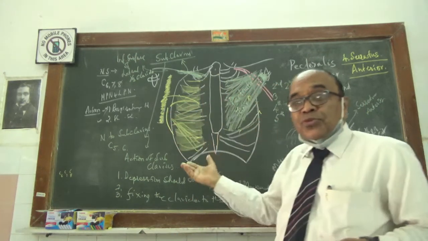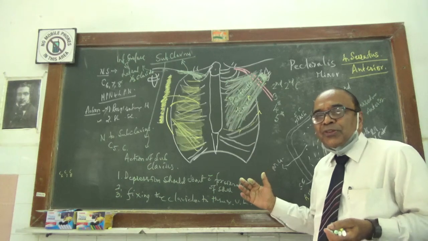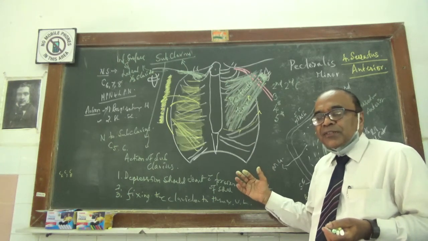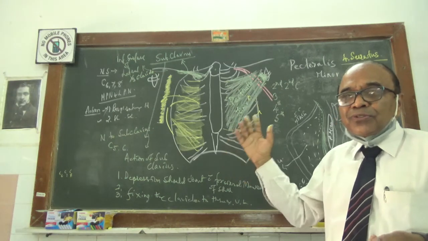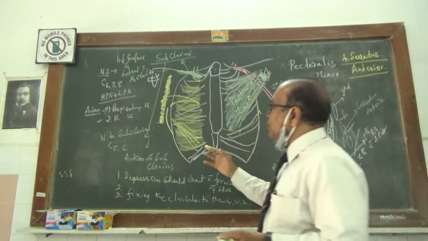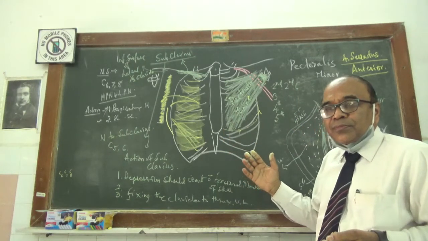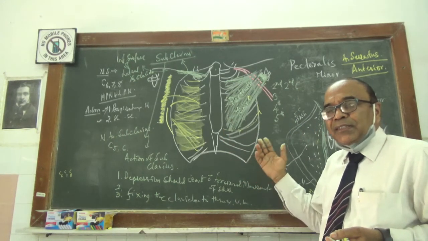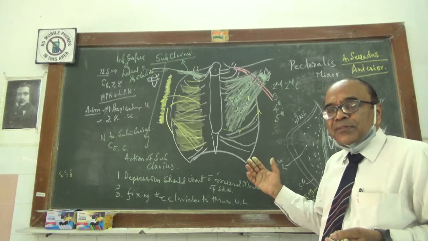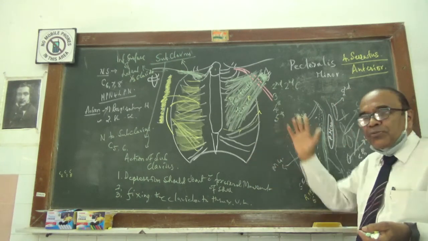Now the posterior portion relations: superficially, skin, superficial fascia, deep fascia, and the scapular region muscles. Deeply it is related to serratus posterior superior, serratus posterior inferior, and the intercostal space, content of the intercostal space.